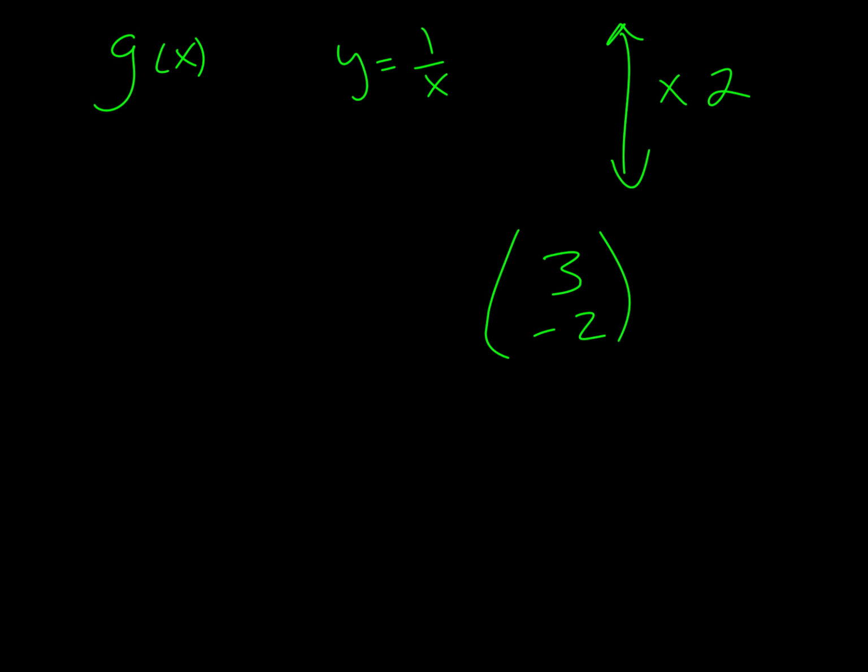So part A says, write an expression for g of x in the form g of x equals ax plus b over cx plus d. Okay, so when we're doing this, it says under a vertical stretch with a scale factor of 2, it becomes 2f of x.